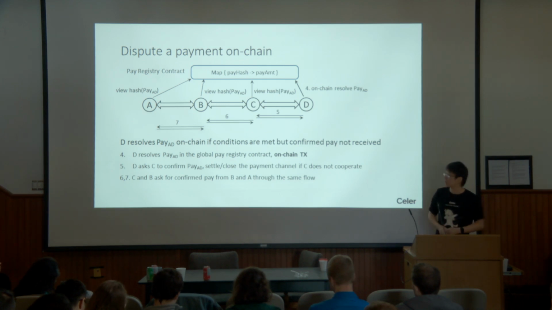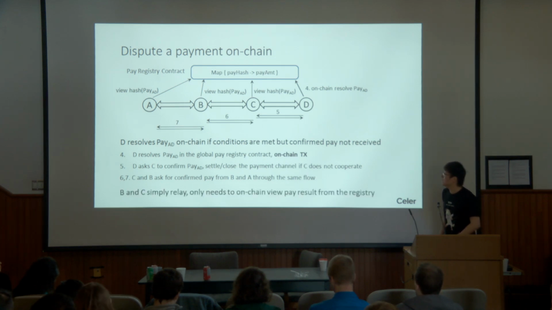The payment will go to the right people. And here again, you can see that in case of dispute, B and C still simply relay. They don't need to do any on-chain transaction, but now they need to perform on-chain view functions to make sure that the pay is already resolved in the pay registry.